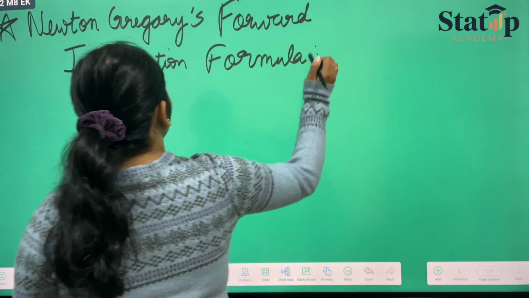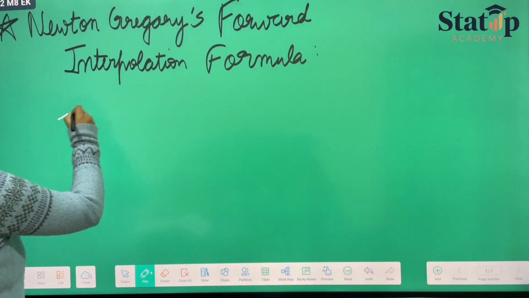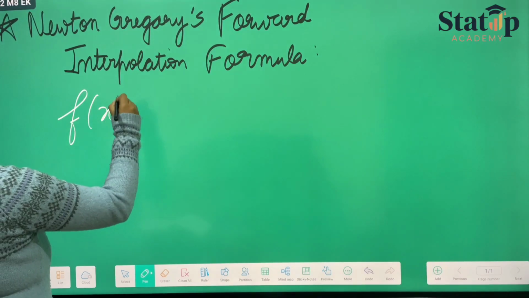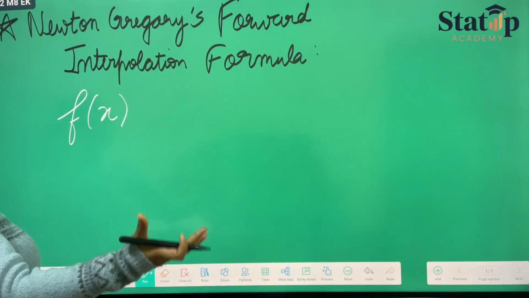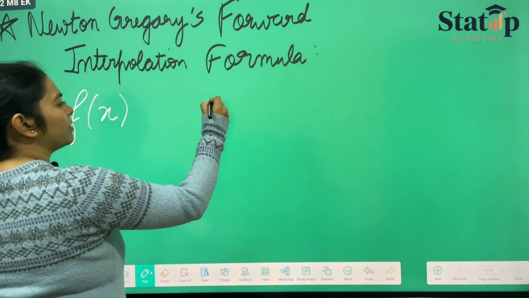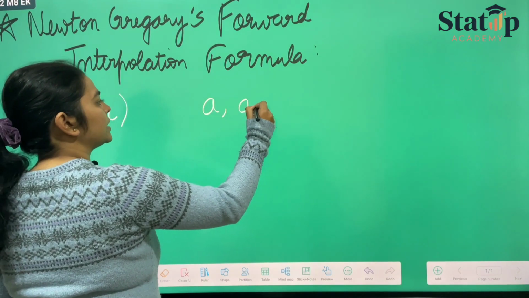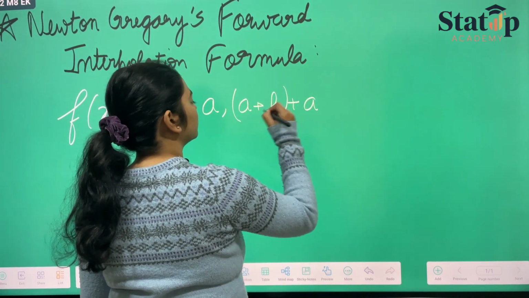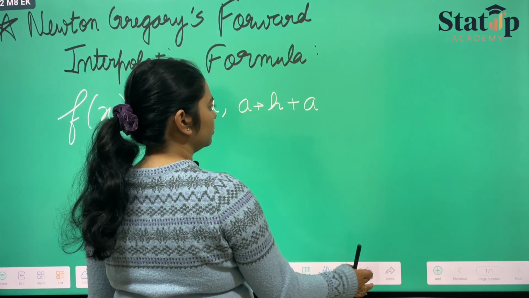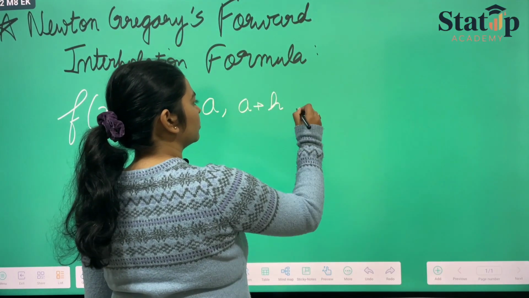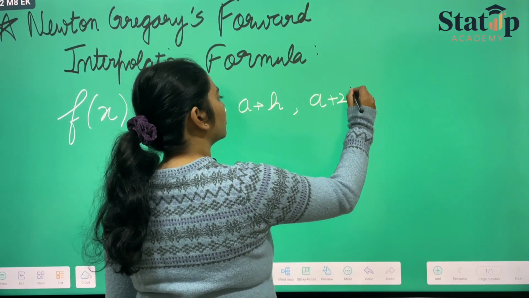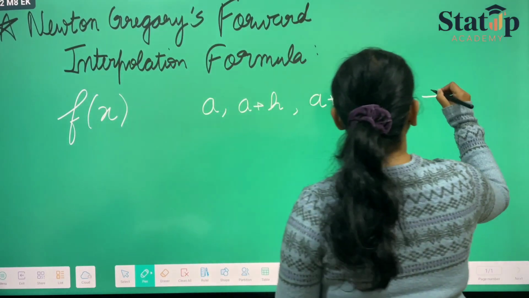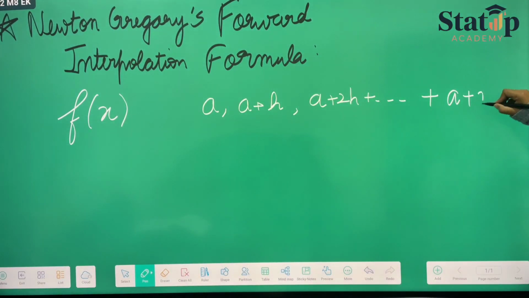Suppose we have a function f(x) where x takes the points of a series: a, a plus h, a plus 2h, and so on up to a plus nh.